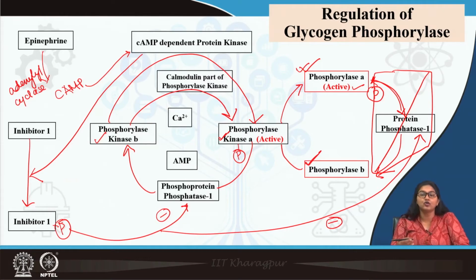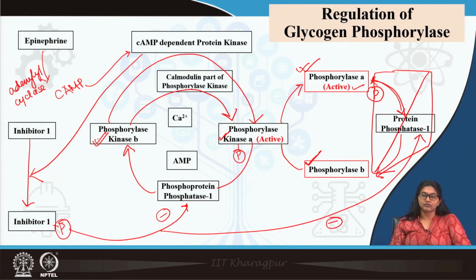Glycogen breakdown can provide energy: breaking down glycogen gives us glucose, which will provide ATP. So, AMP is a signal molecule here. It acts as an allosteric activator of phosphorylase kinase in skeletal muscle.